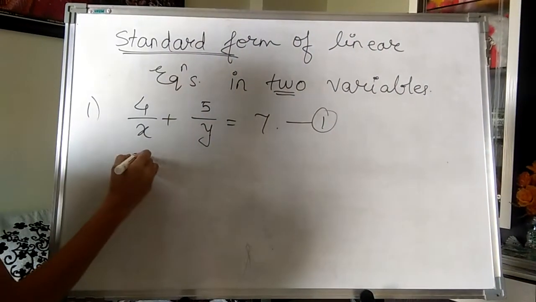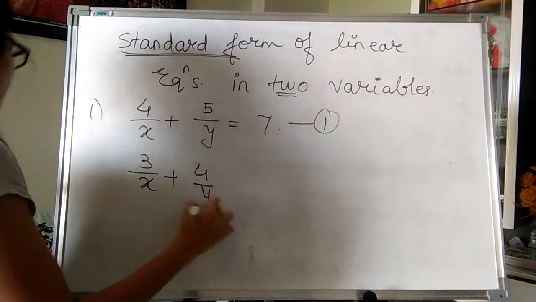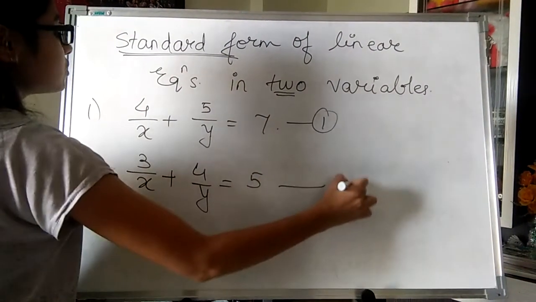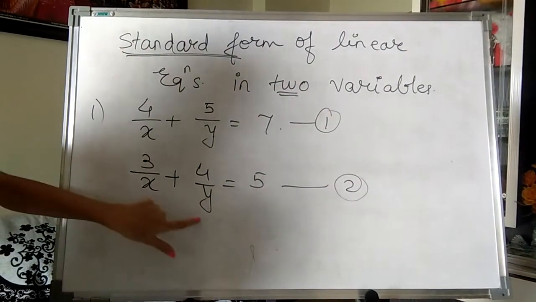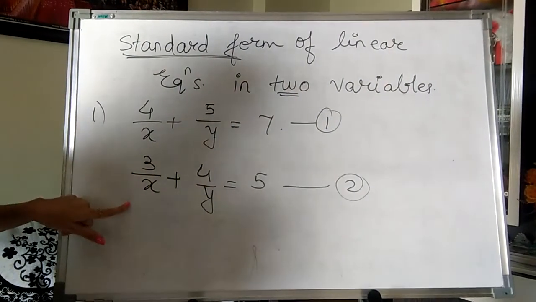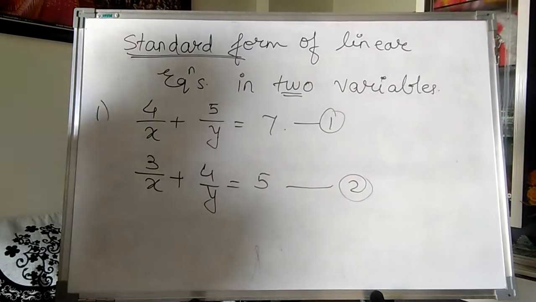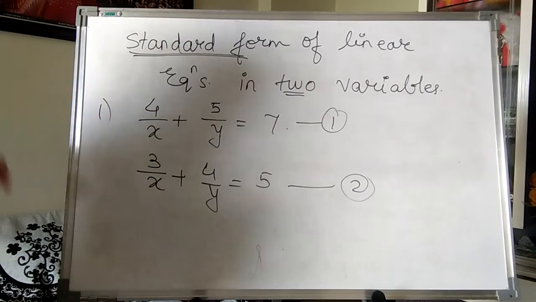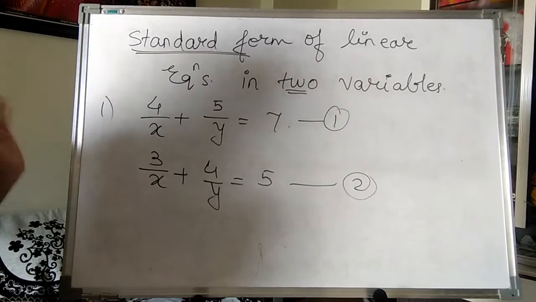And your second equation is 3 upon x plus 4 upon y is equal to 5. Even this is not of the standard form of linear equation in two variables. There are two variables, but here x and y work as denominators, not as numerators. So to convert both equations into the standard form, we will then find the solution of those two equations, and that will be the solution of equation numbers 1 and 2.